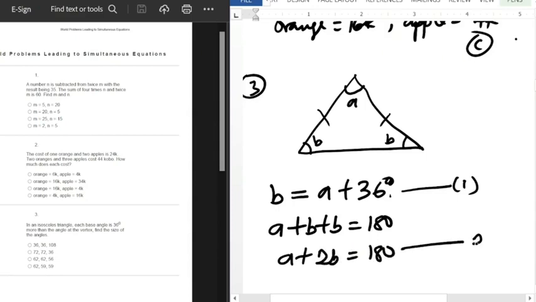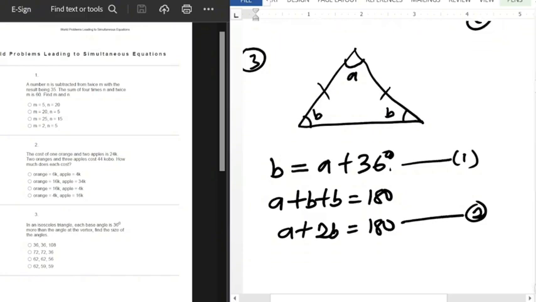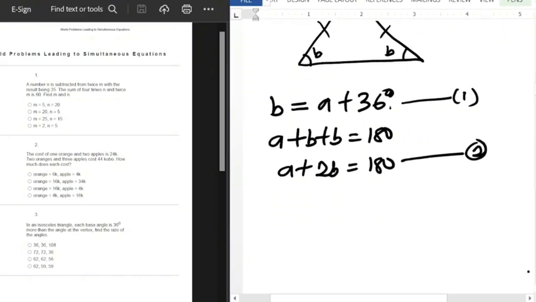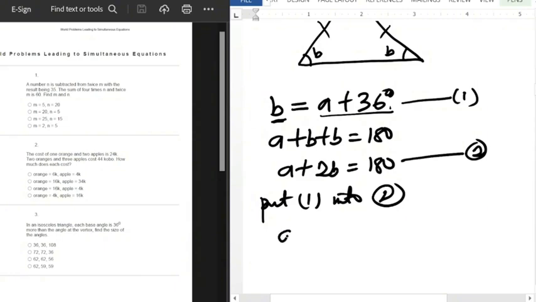So we call this one equation 2. Alright, I hope I'm making sense. Since B here is already given by the formula, we just put 1 into 2. So then we put the value of B in equation 2. That's going to be A plus 2 into brackets A plus 36.